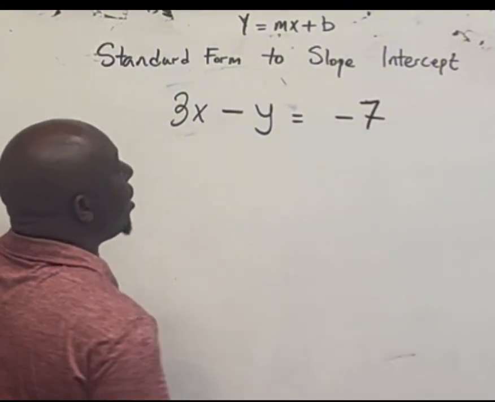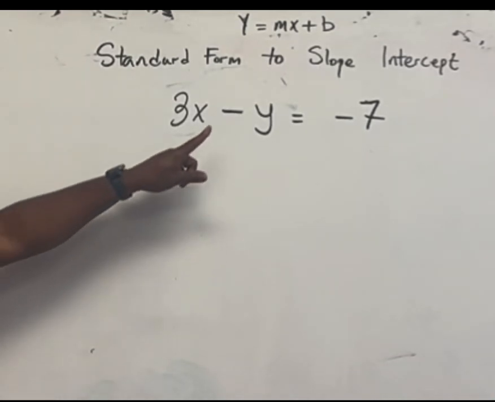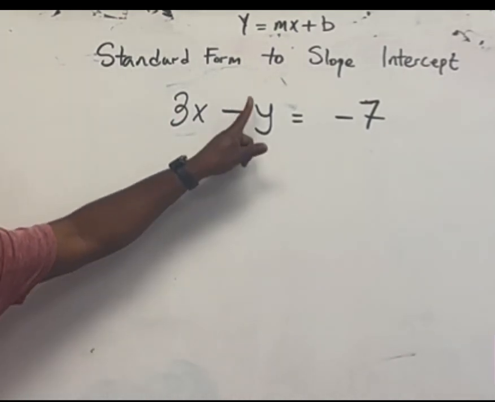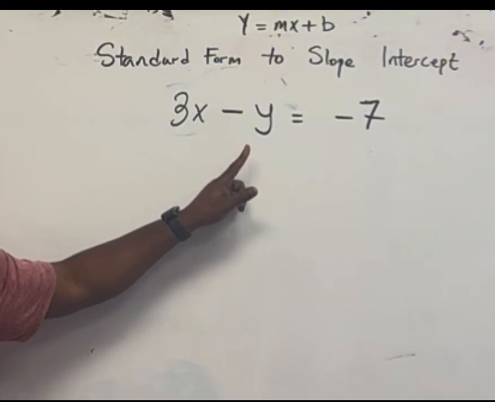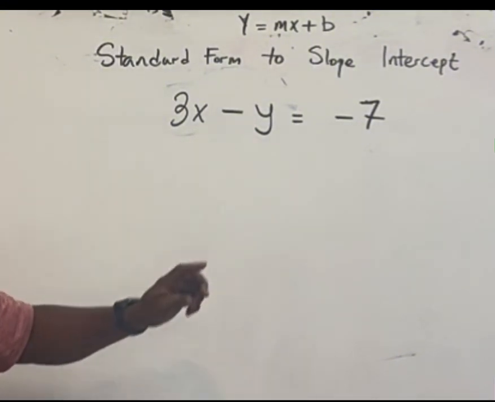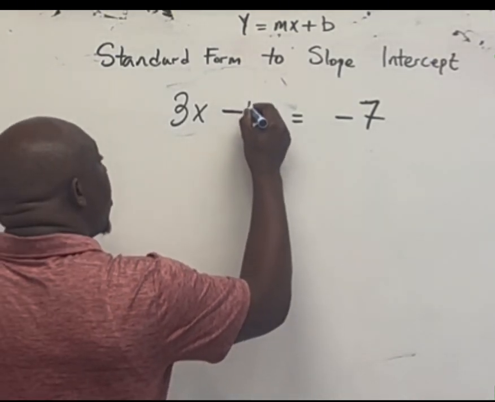Be careful. Anytime you see a minus here, we have to picture there's a 1 here. We only put the 1 there when we see a minus in front of the y. You cannot do it without putting the 1 there. So anytime you see a minus in front of your y, picture a 1 there.